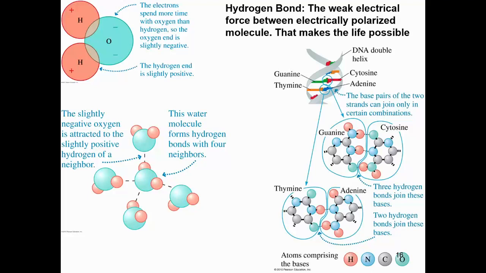For example, the hydrogen bond, which happens between these four bases, is the cause of the binding in the DNA molecule, because guanine, cytosine, thymine, adenine form a weak hydrogen bond, and that's why we have life.